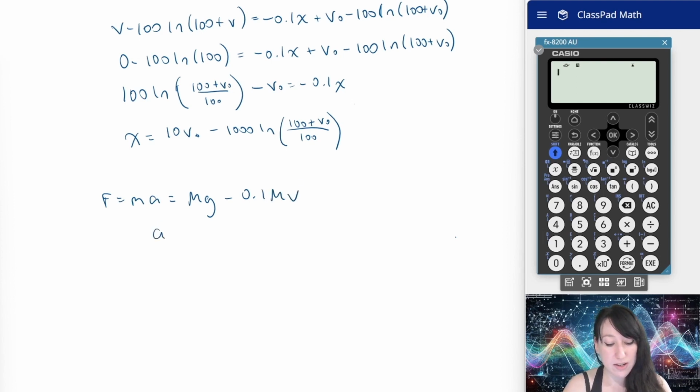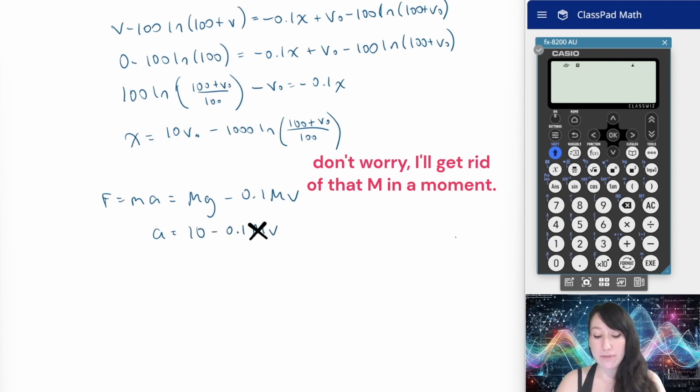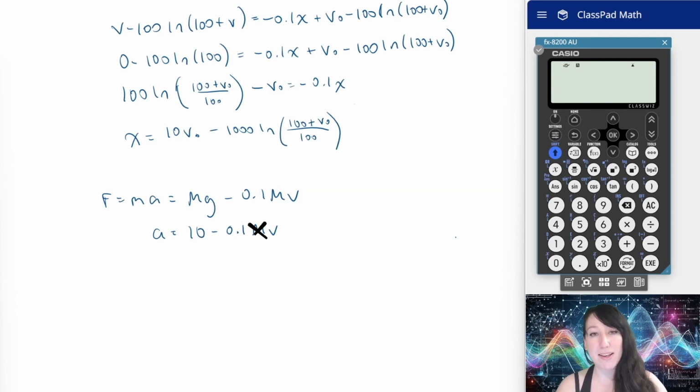So acceleration, our m's cancel, g is 10. So what we have is the height that it needs to fall, which is equivalent to the max height on its upward journey. We also know the time that it will hit the ground. So we need an expression involving x and t, which will then allow us to solve for v naught.